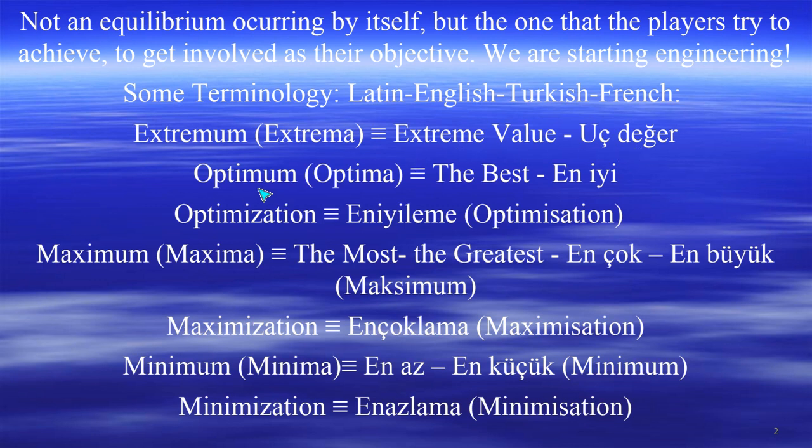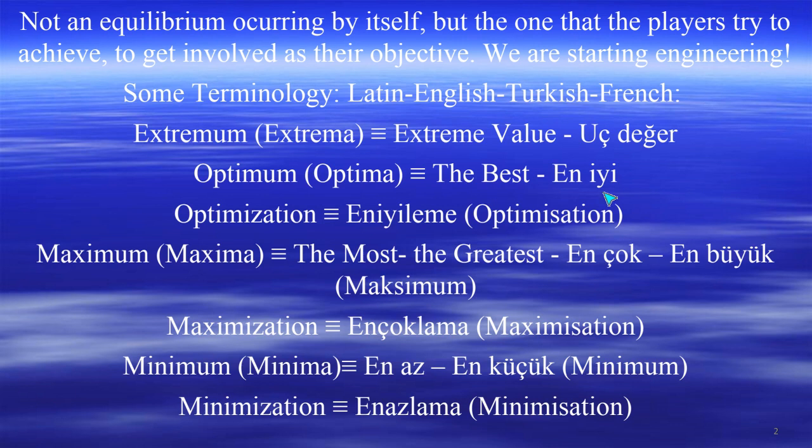Then we have optimum. The plural is optima. All these terms are Latin. And they are pronounced in English with the English pronunciation; in the English language, one uses the original Latin word and pronounces it in the English way. In French and in Turkish, we pronounce it a little bit differently, with French or Turkish pronunciation. And we have also Turkish words for them. Optimum, the plural is optima, means the best in English.